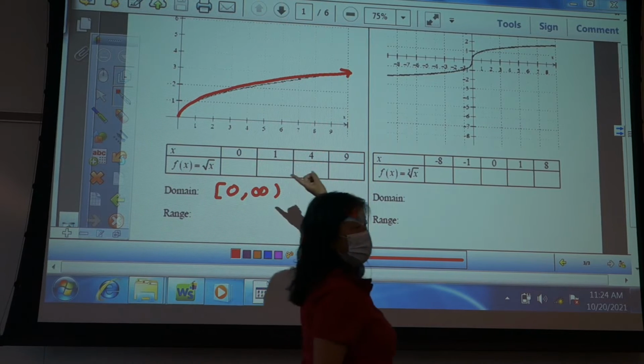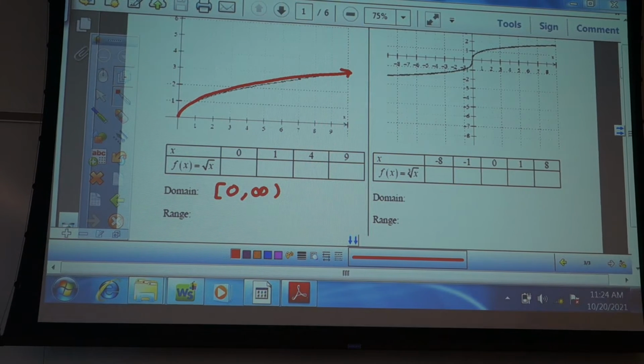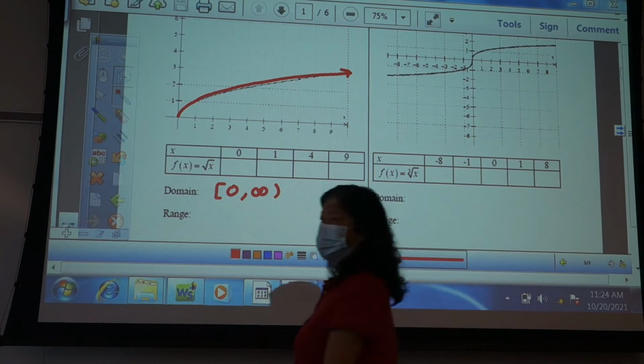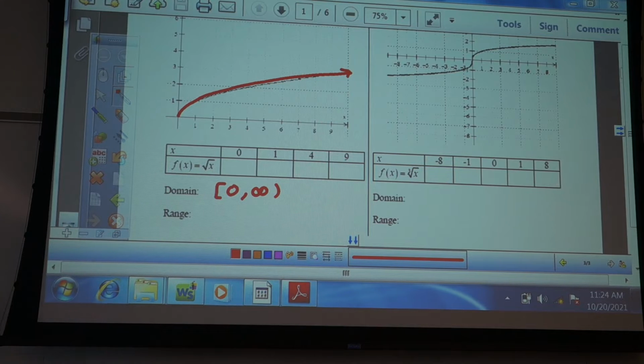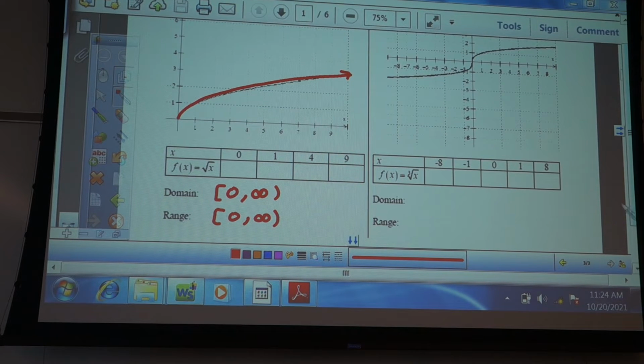What's the lowest this goes? 0. Perfect. Shania, what's the highest it goes? Infinity. So it's going to be, again, 0 to infinity. Good. All right. How about the S?